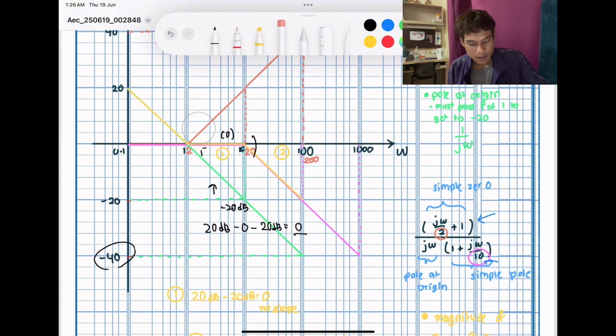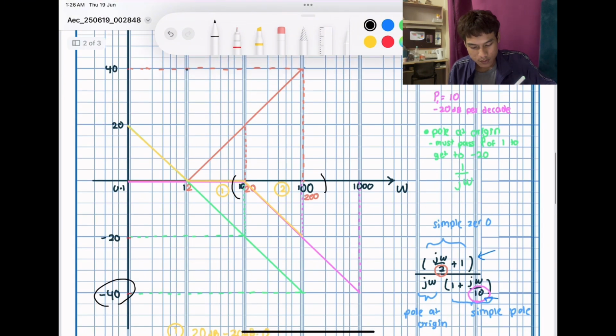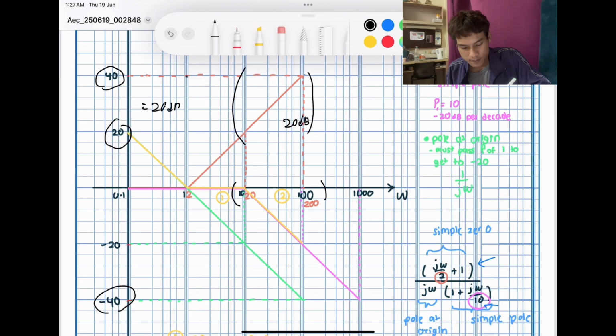Now we will repeat the same step for the last range of the frequency, which is 10 until 100. At this range, we also have 20 decibels. This is because in this range we only go from 40 decibels to 20, which means we only raise about 20 decibels, not 40. So we have 20 decibels, against the simple pole of negative 20 decibels and the pole of origin of negative 20 decibels.